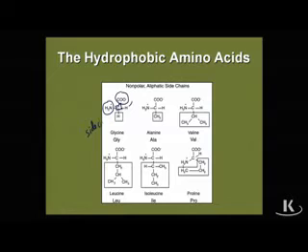And as I look at the side chain, here we're going to look first at non-polar, it means hydrophobic, they don't like water, aliphatic side chain, meaning they're going to be carbons and hydrogen on the side chain. These hydrophobic amino acids first are represented by glycine. Glycine has the smallest of all side chains.